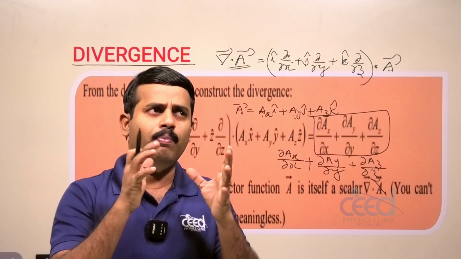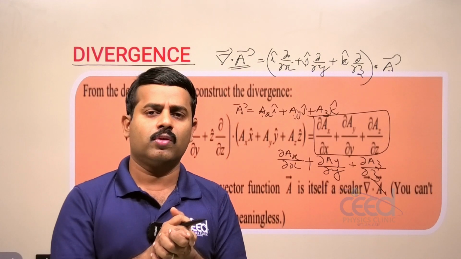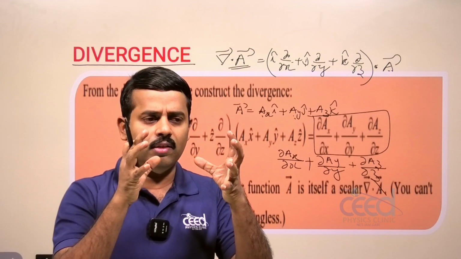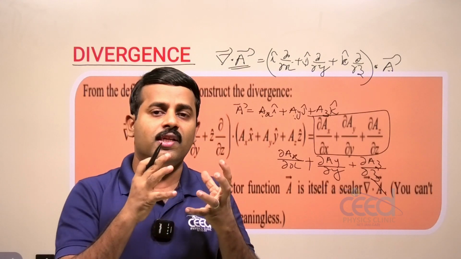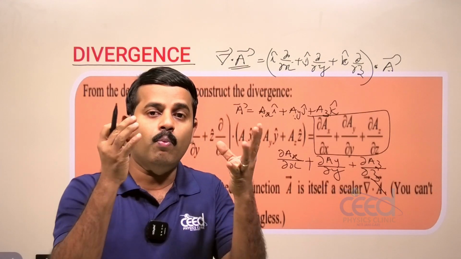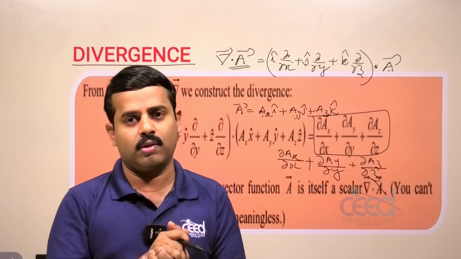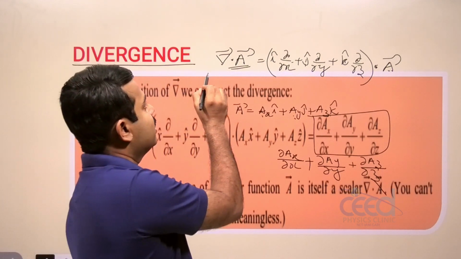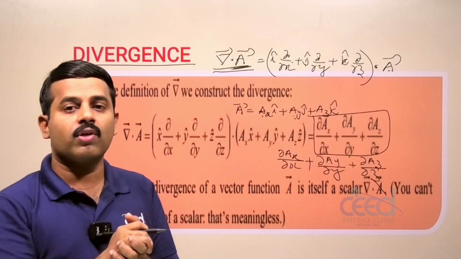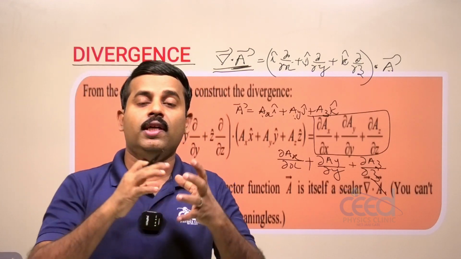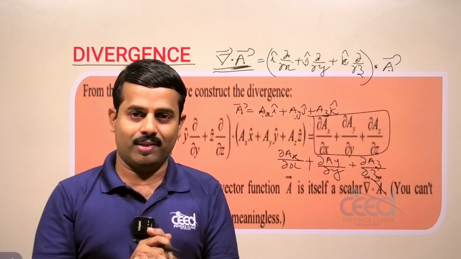Now what is the importance of divergence? When we studied the basic section of vectors, we studied the importance of the dot product. This is del dot A. Wherever we discuss a diverging quantity, we take the dot product.